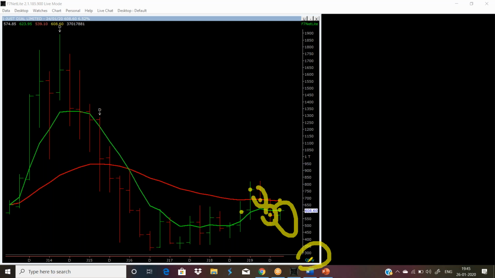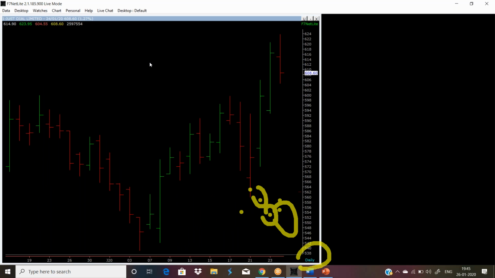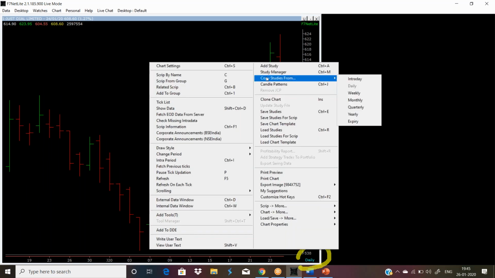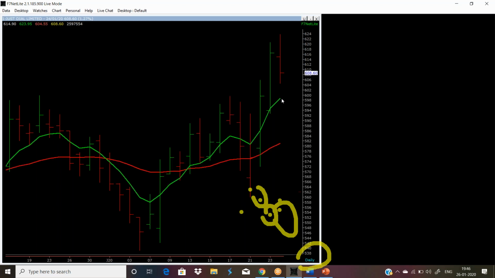Suppose I use the same values in a daily chart, copying the studies from the quarterly chart, then EMA 6 is related to 6 close prices of the daily chart, and EMA 30 is related to 30 close prices of the daily chart.